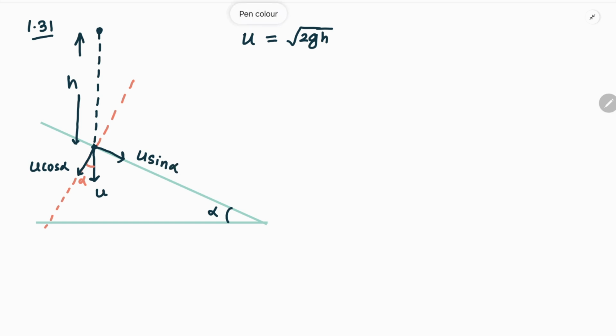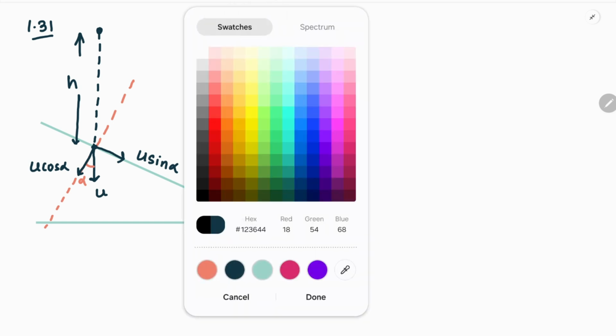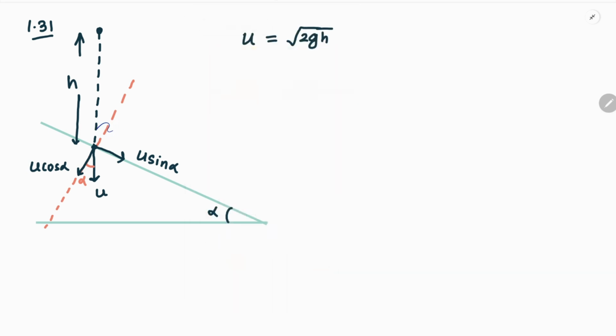So now at rebound, post the particle hits the plane, since it is an elastic collision, the component of velocity u cos alpha will remain unchanged, and after the impact we have these two velocities, equal to u cos alpha and u sin alpha respectively, and now it will rebound in a way like this and will strike the inclined plane here.